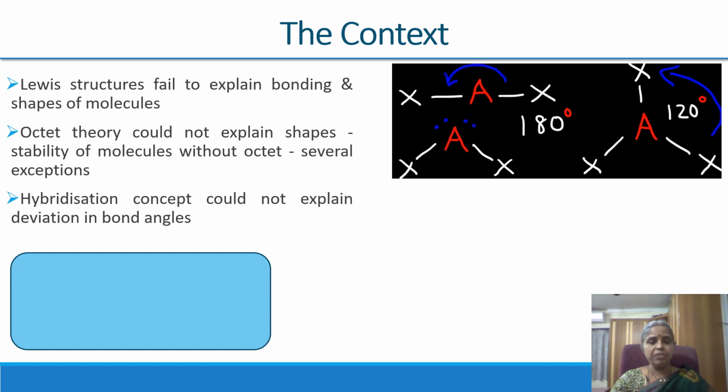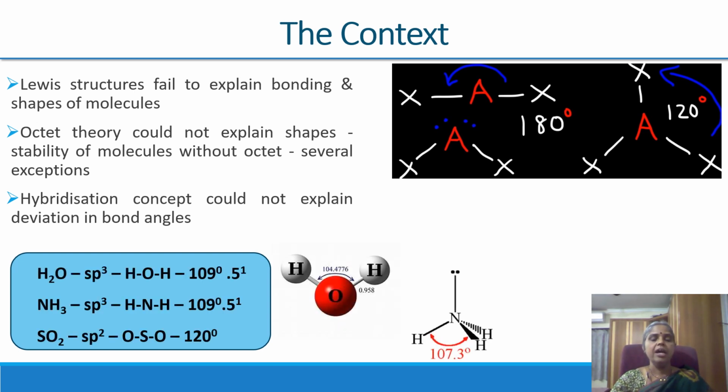So the VSEPR theory tries to bridge these small gaps, or address these limitations, and account for the deviation in the bond angles that has been noticed in certain examples. For example, you can see here water undergoes sp3 hybridization. Supposed bond angle is 109.5. But what is the bond angle mentioned here?